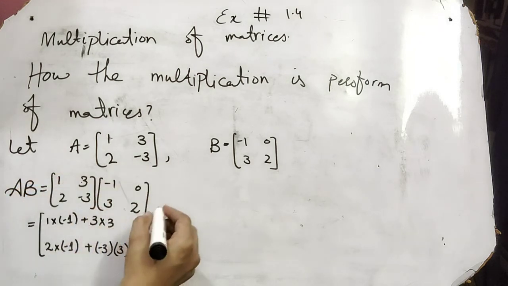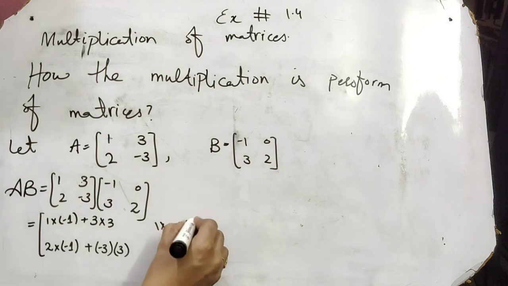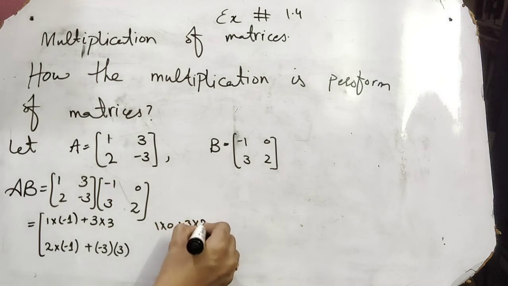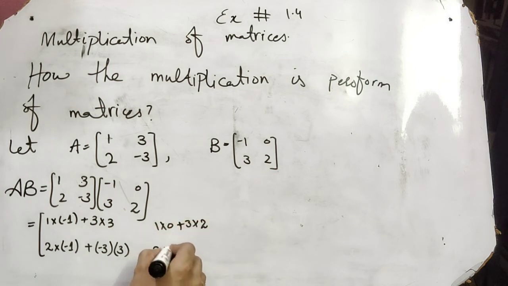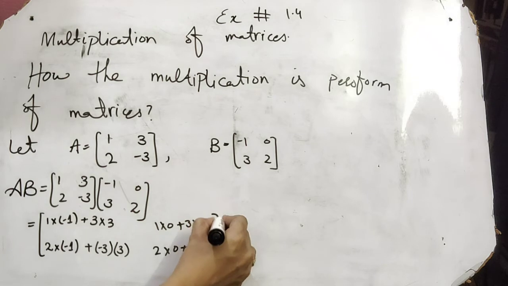Now move to the next. 1 multiplied by 0 plus 3 multiplied by 2, 2 multiplied by 0 plus minus 3 multiplied by 2.